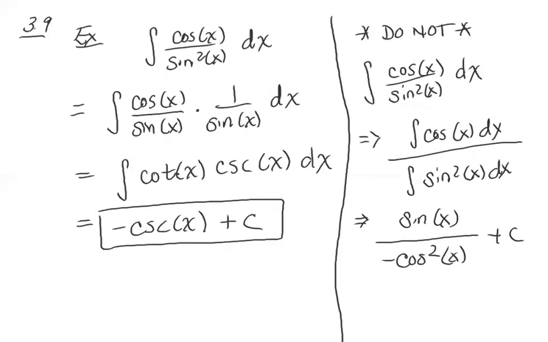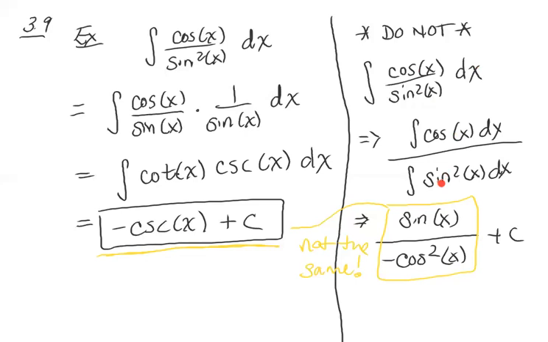But using trigonometry to rearrange this, to apply the rules that we have, gave us this function, negative cosecant of x. This function is not at all the same as this function. These are not the same. So perhaps that gives you a little hint that the antiderivative or integral of a quotient cannot be found by taking the quotient of the antiderivatives, just like with differentiation.